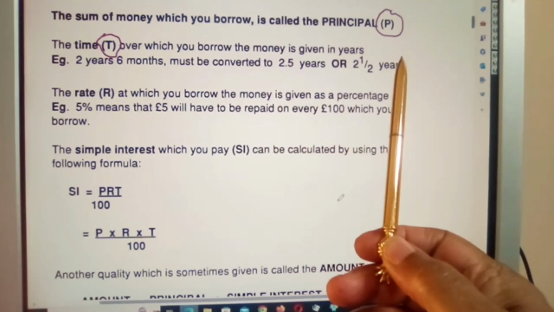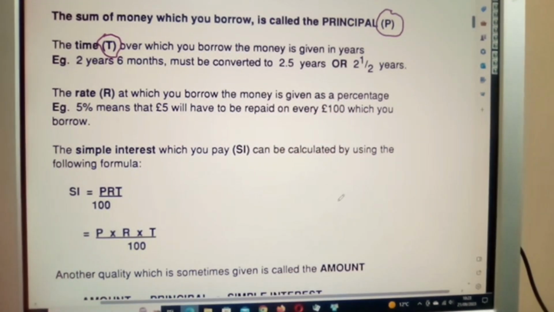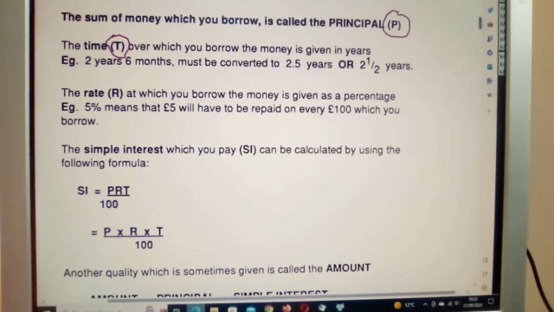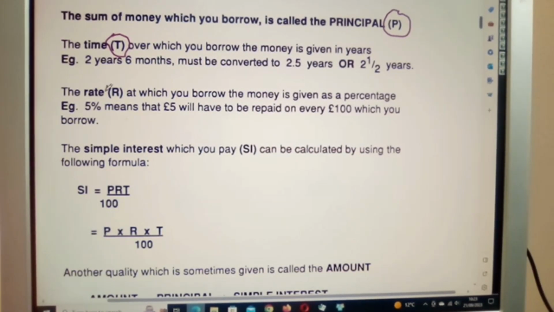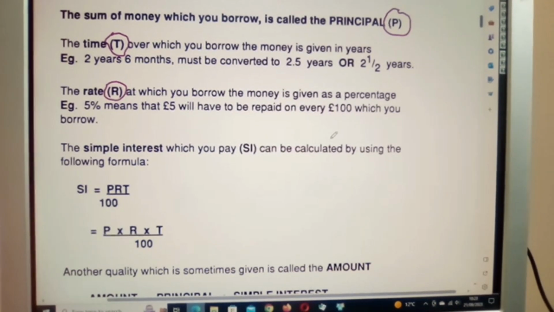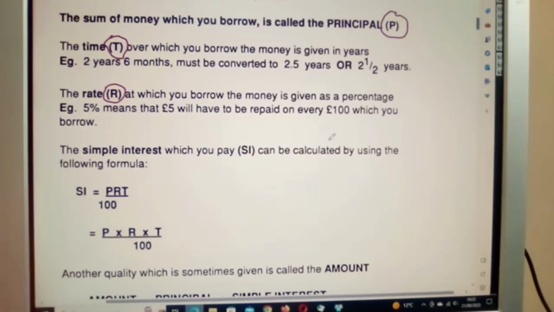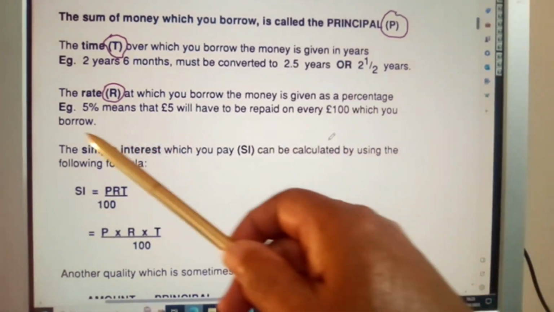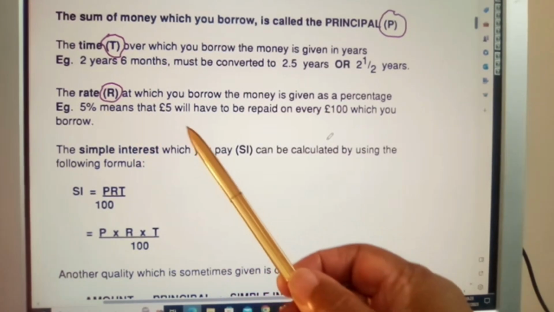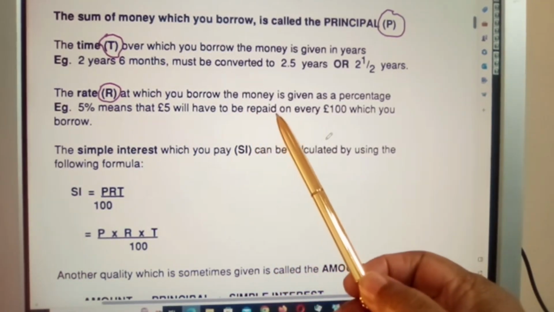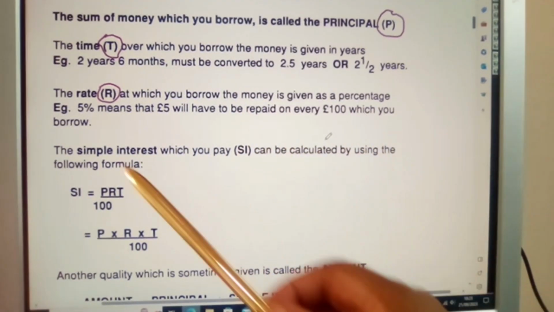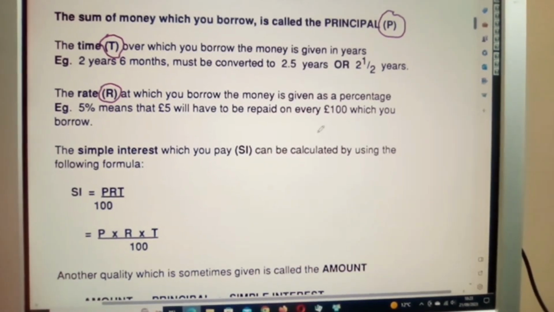The rate R, now that's the rate of interest, at which you borrow the money, is given as a percentage. Example, 5% means that £5 will have to be repaid on every £100 which you borrow.